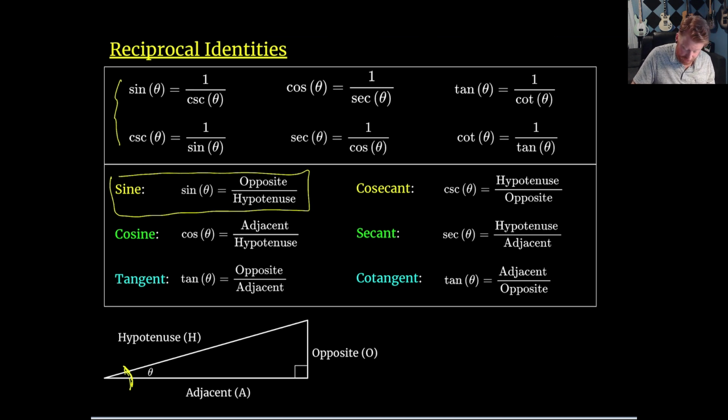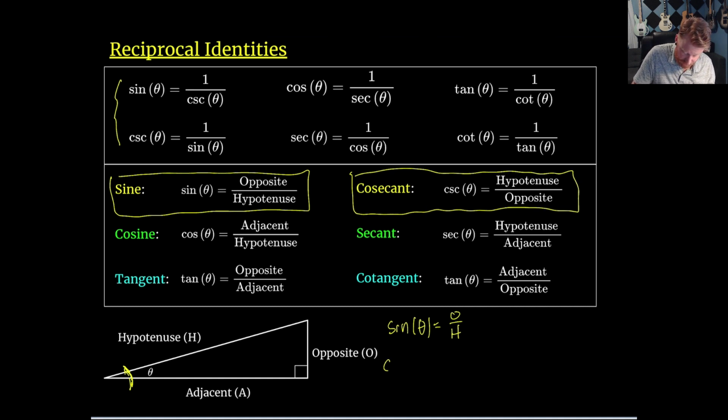So I could write something like, sine of theta is equal to the opposite over the hypotenuse as just a quick shorthand here. And then I could say the cosecant, and this is just how this was defined, is the hypotenuse over the opposite side here. So the cosecant of theta is the hypotenuse over the opposite. So just some different ways that we could write these as shorthand here.